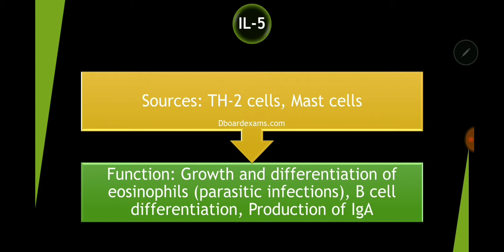Interleukin 5 also helps the B cells to differentiate. Remember, B cell differentiation is responsible for production of not interleukins, but immunoglobulins, such as immunoglobulin A, E, M, and D. We're going to discuss immunoglobulins in the subsequent lectures.